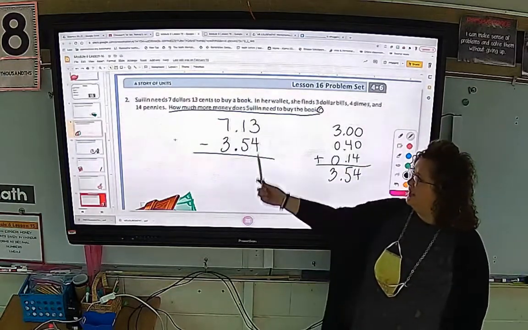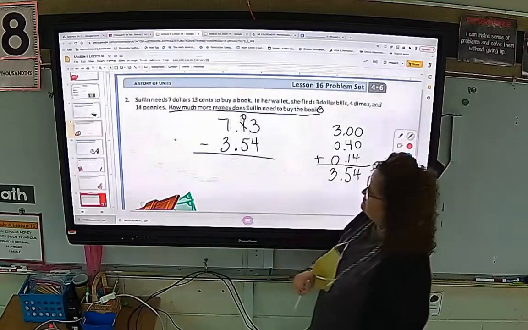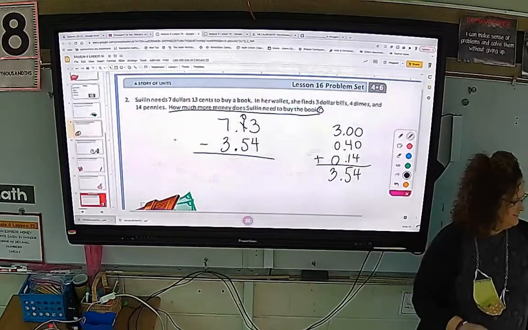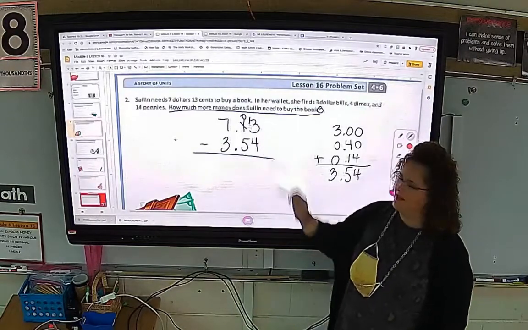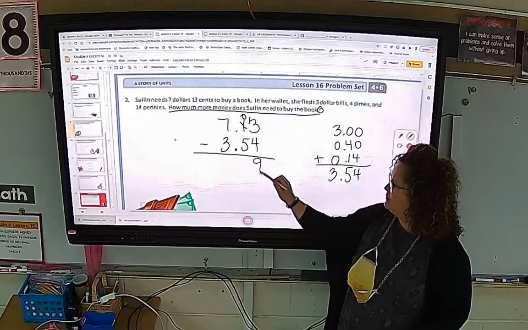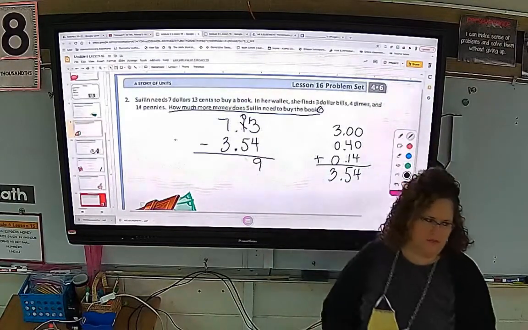Because this is a skill we like to forget, because we don't like to do it. All right, I can't do this, so I got to go next door, and that's going to become a 0, which means I'm going to have to borrow again down the line. So this becomes a 13. 13 take away 4 is? 9. Okay, can I take 5 away from 0?